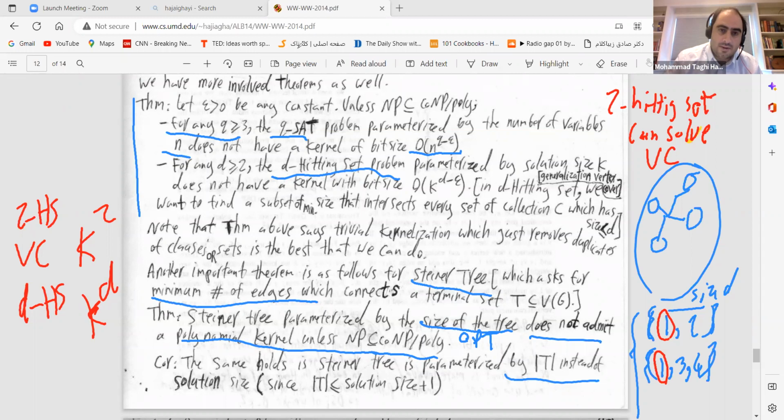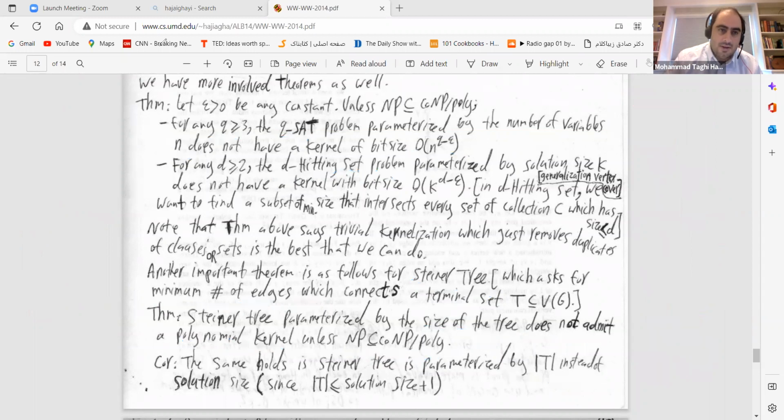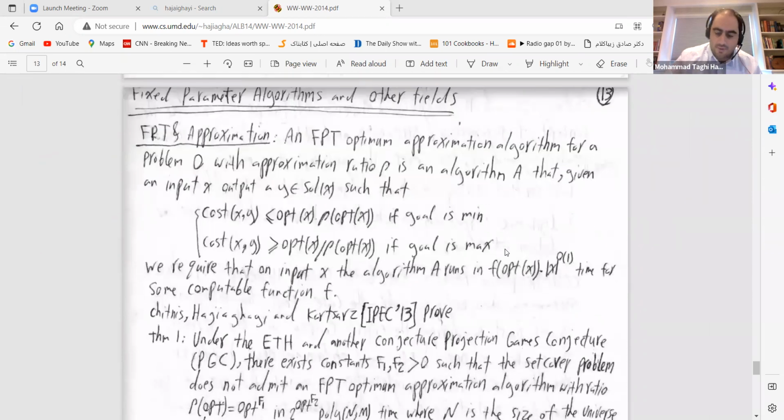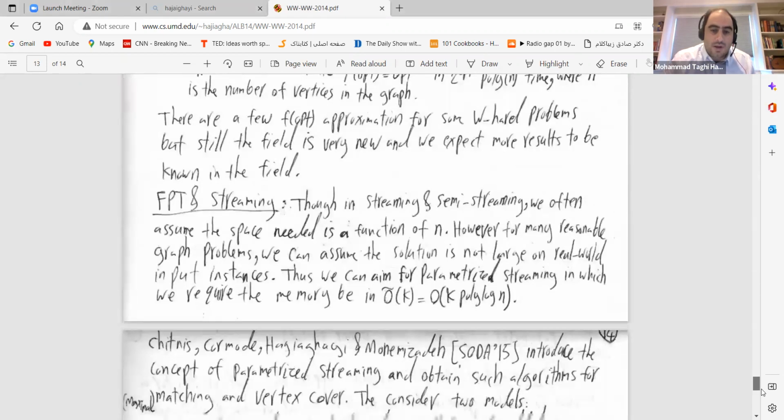for these generalizations. Let me just talk briefly about two other things. There are 2 other problems. This concept of fixed parameter algorithms has been used for other cases as well, and can be used in combination with other problems.